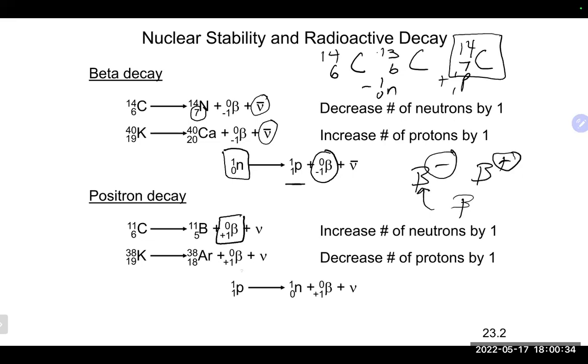In the case of a positron decay, we're taking a proton and converting it into a neutron. The result of that is our positive positron gets emitted. And overall, the same thing happens here. The mass number overall doesn't change, but our atomic number does go down by 1.